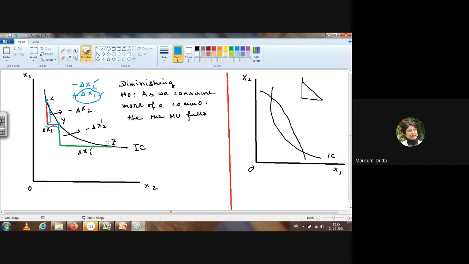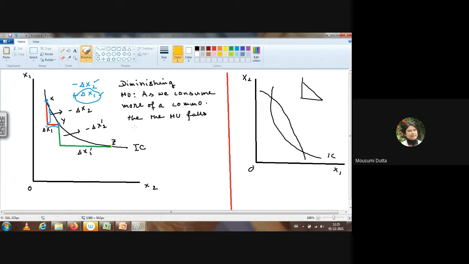Next, I am considering a move from Y to Z. From this point, I'll move here to point Z. I'm considering the move in such a way that I have to leave the same amount of X2.